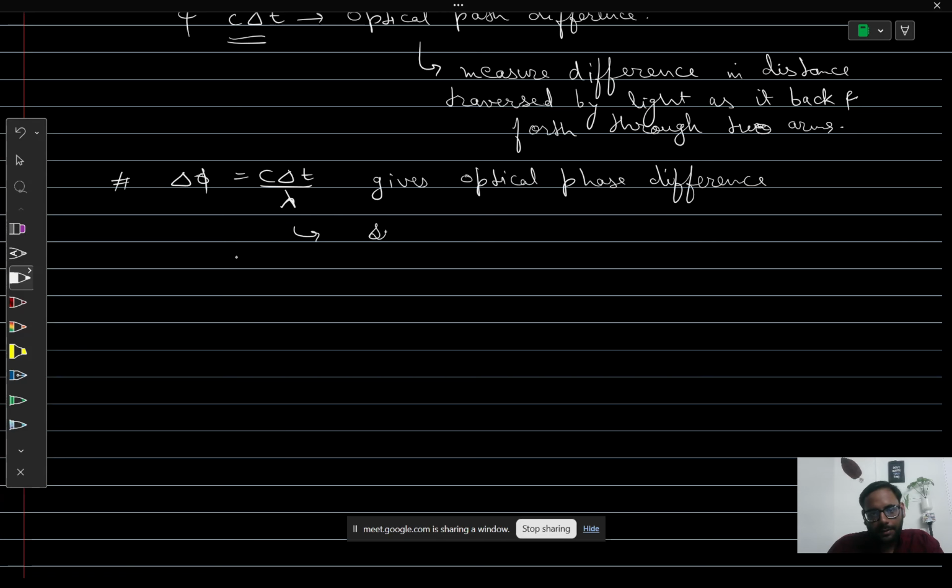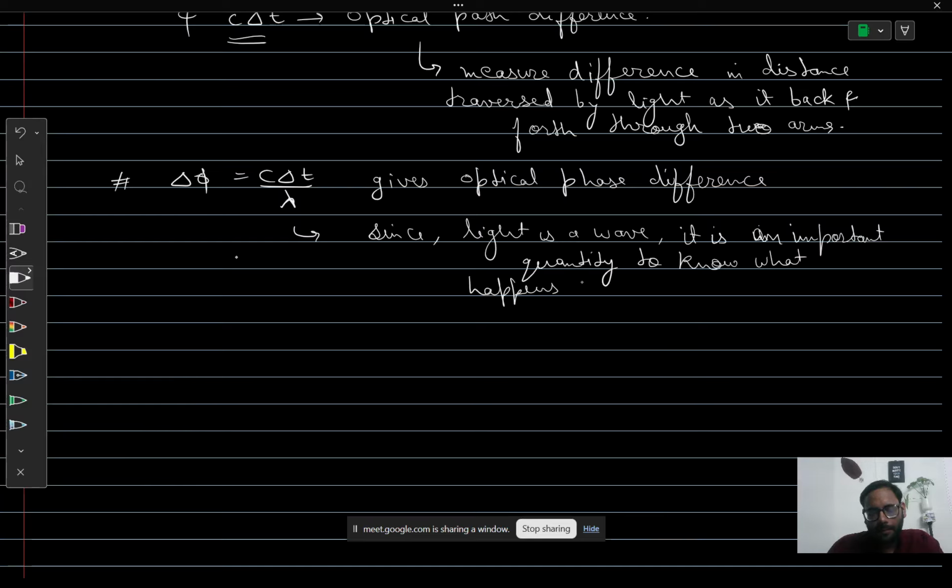Since light is a wave, it is an important quantity to know what happens when light recombines.